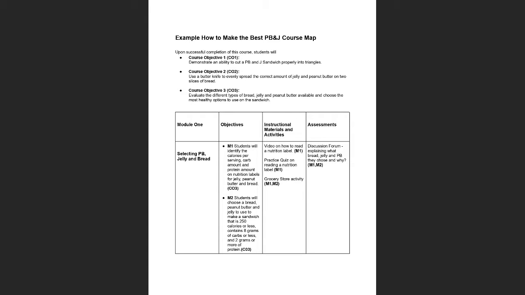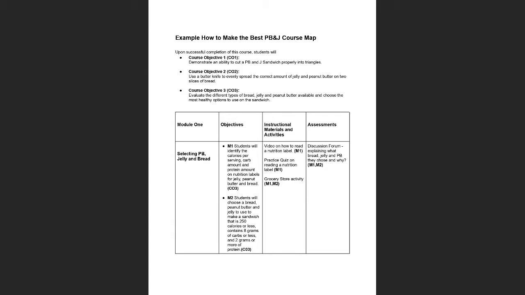And then I'm making sure that I have a way for them to learn how to do that skill, a way for them to practice doing that skill, and then some kind of activity where either they're interacting with the instructor, or they're interacting together, or they're going out and physically doing it. And then I have one or more assessments where they're actually demonstrating these module objectives.